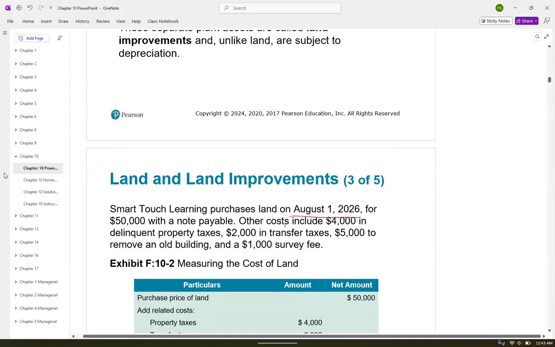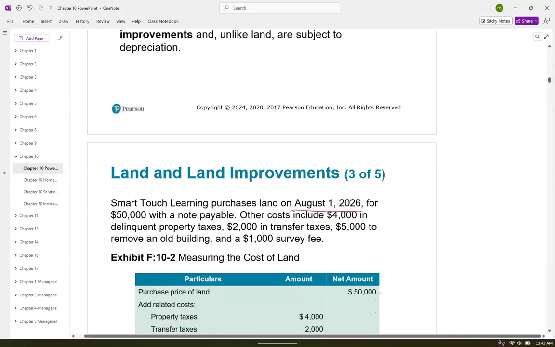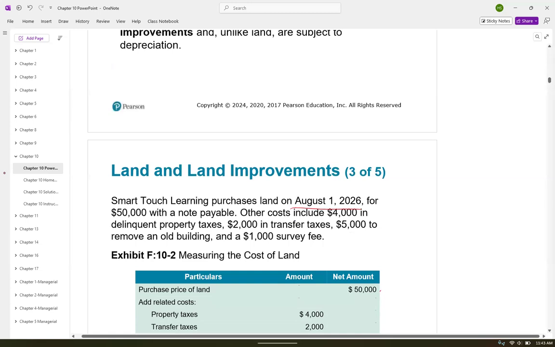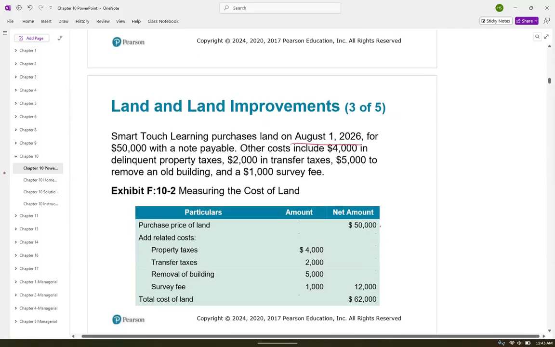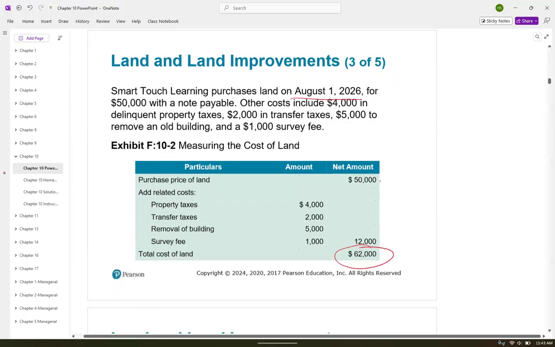So we start with the purchase price of the land. That's where we're always going to start. They paid the taxes. They paid the transfer taxes, the removal of the building, and the survey fee. All of those things are going to go into the cost of the land. Okay. And land is going to be on the balance sheet for $62,000.